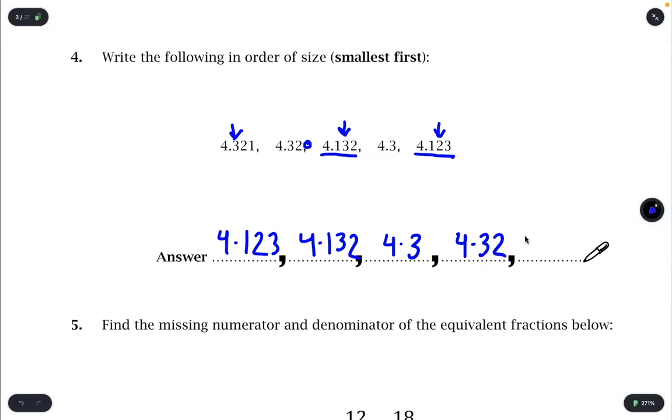And then 4.321 can be the largest. To check this, what you could do is you could read this in reverse order and see if they're descending. So 4.321, 4.32 is smaller than that, 4.3 is smaller than that, 4.132 is smaller than that, and 4.123 is the smallest. Always good to check your answers if you can.